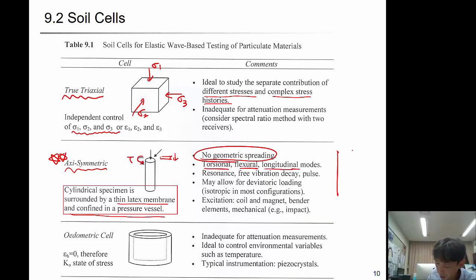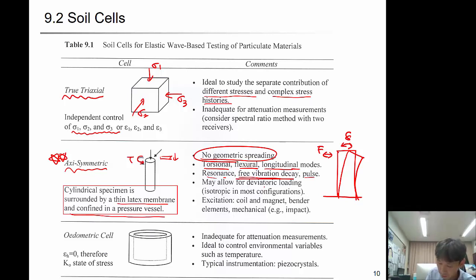Flexural mode is like when you have a specimen, you apply the force like this, so it oscillates like this, and this is called a flexural mode. You can measure the resonance, free vibration decay, and pulse going back and forth with reflections.